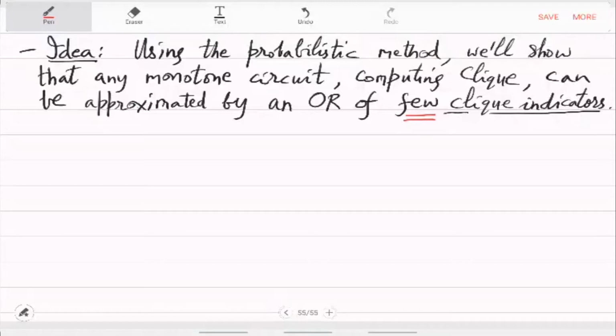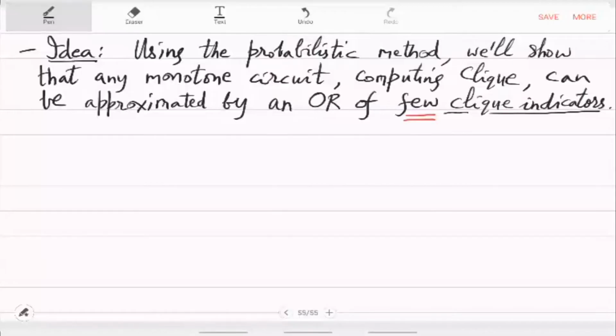So overall, this monotone circuit model will imply that somehow it will imply a weakness of clique. Okay, so this is the weakness part. On the other hand, we will also show that clique is actually not weak. Okay, so when you match the two, then you will get the lower bound. But let us first define what is a clique indicator.